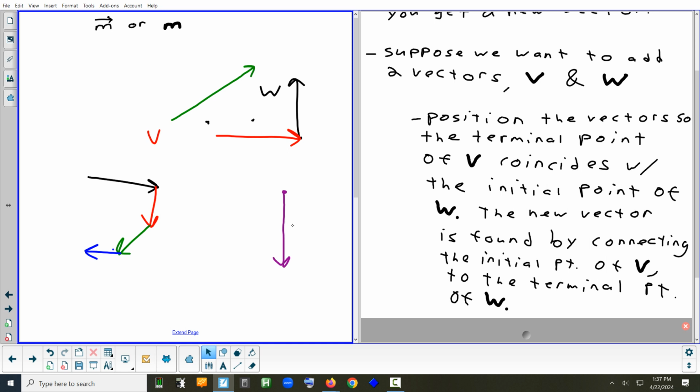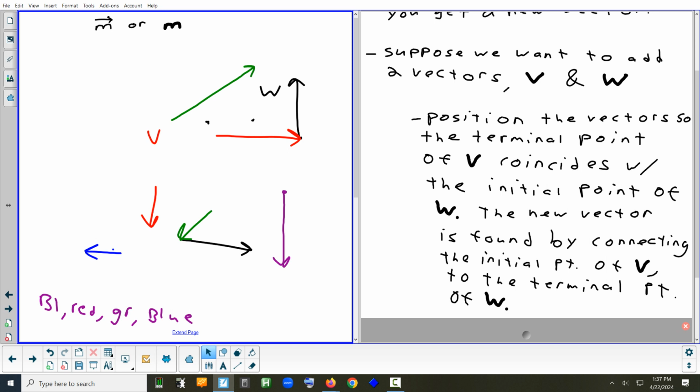That's the result if you combine all four of those vectors together. And the order you combine them in, it doesn't matter. So I did black, red, green, blue. Let me do them in a different order. Let's do green, and then let's put green here.